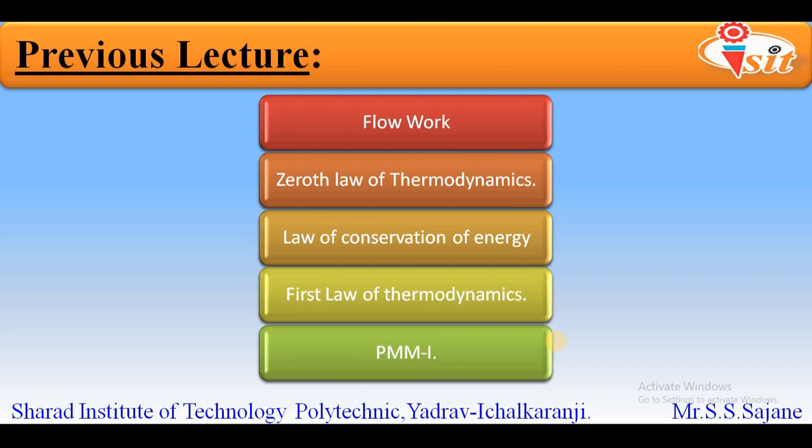If we relate this concept to that engine, then it will be a machine which is going to produce continuous output work without consuming any fuel. So practically this is not possible. If we are not giving any fuel to the engine, then it will stop giving the output work. So this was all about a perpetual motion machine of first kind.